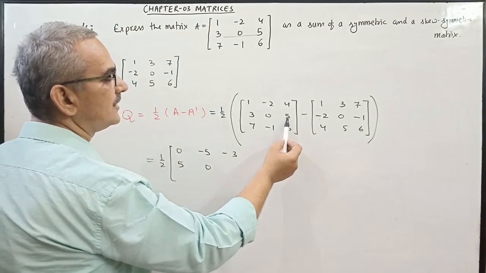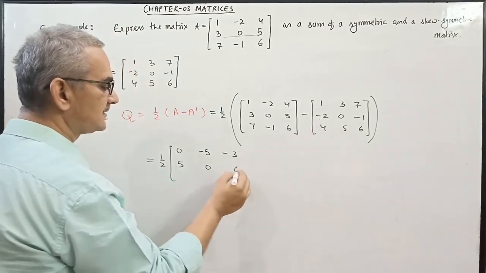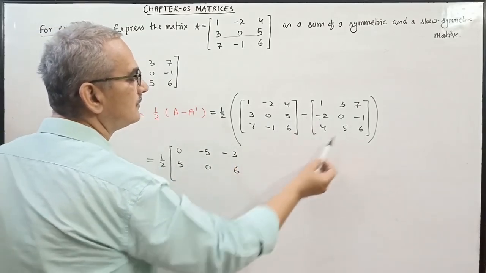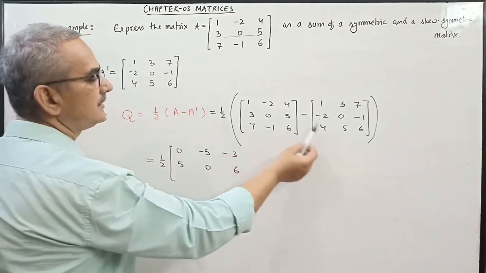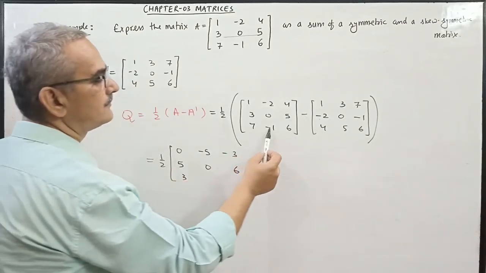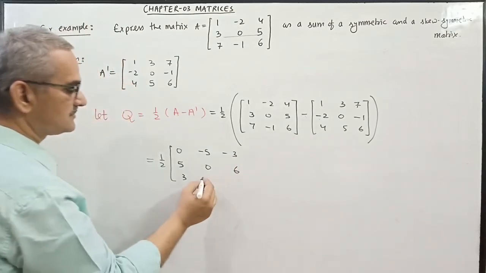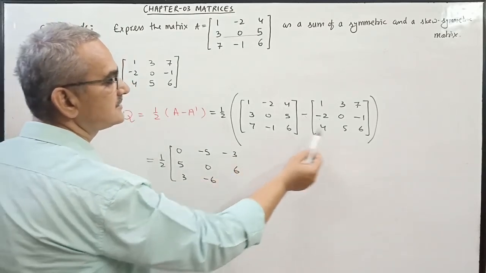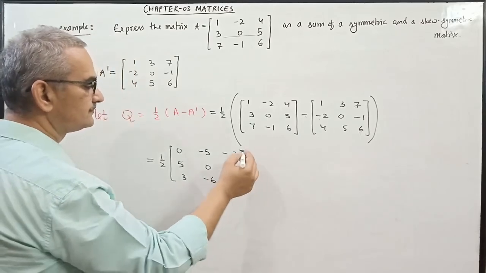And here we have 5 minus of minus 1 is 6. Then we have the third row of both matrices. 7 minus 4 is 3. Minus 1 minus 5 is minus 6. And 6 minus 6 is 0.